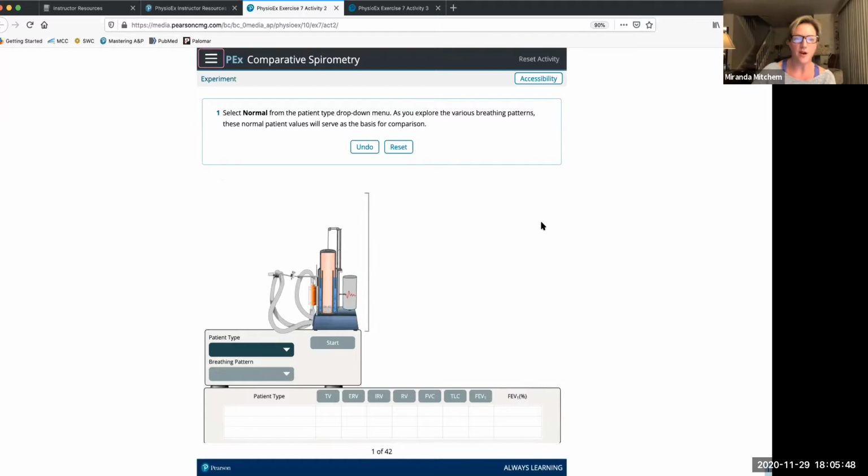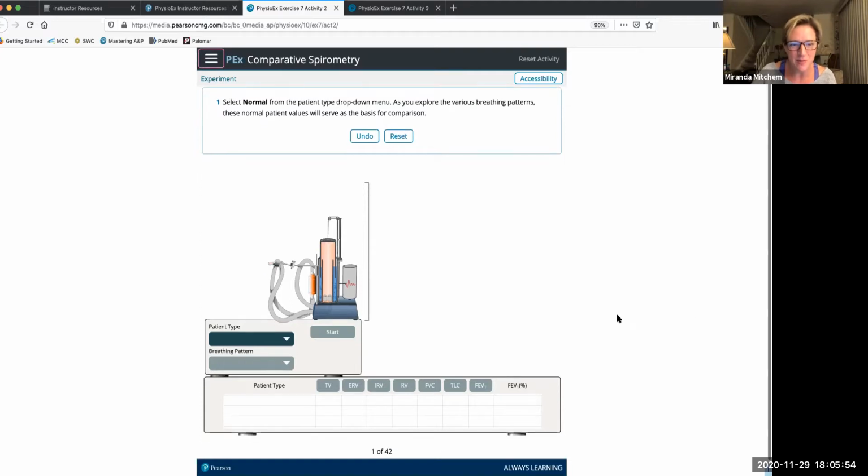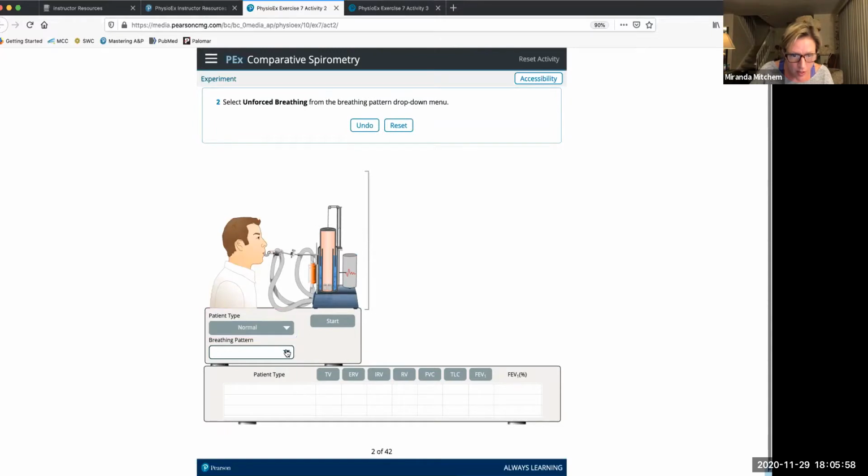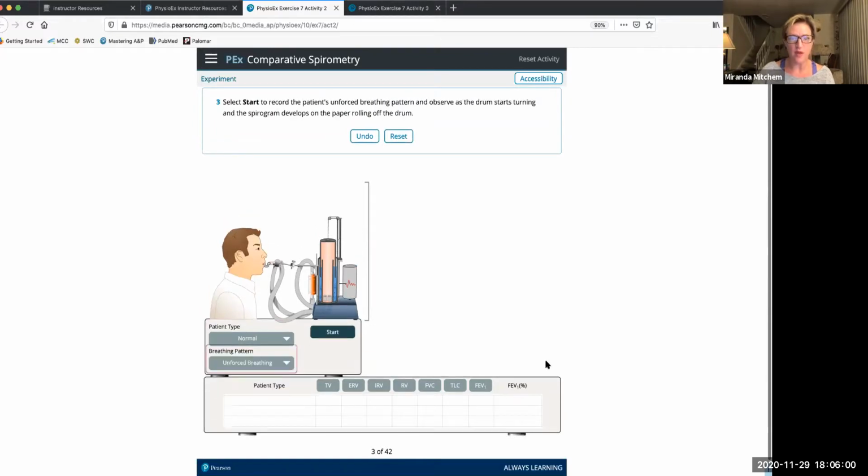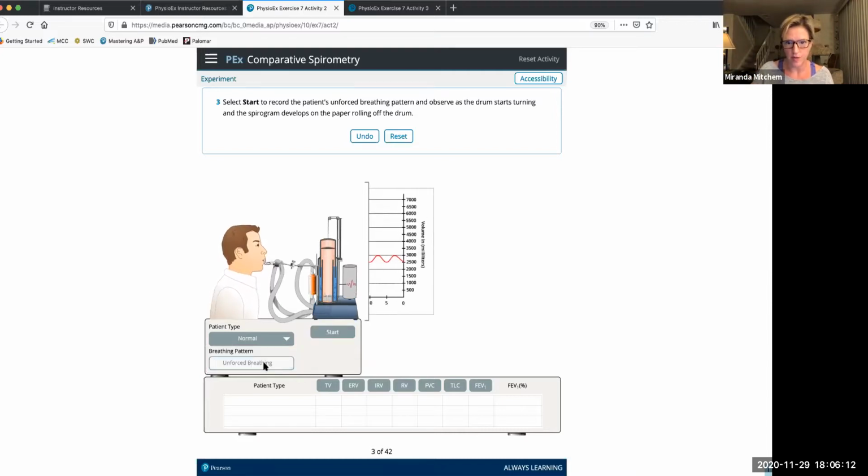Okay, so here we are. Here's our spirometer. Oh, look, we've got no person yet, but we're going to look at these different breathing patterns. So we're going to begin with normal. We're going to select unforced breathing, and then we're going to hit start on the spirometer. And what we're going to see appear on the right side of the screen is the spirogram. So here we go.